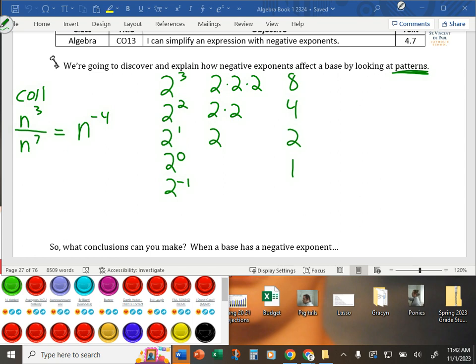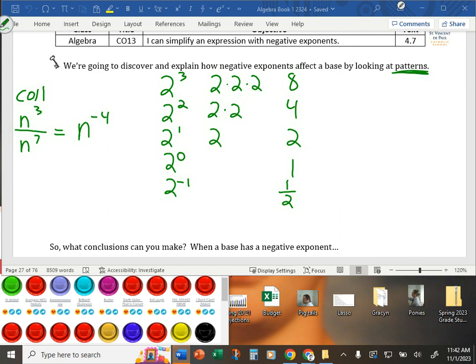Follow the pattern here. It's 0.5, or half. Half of 8 is 4. Half of 4 is 2. Half of 2 is 1. Half of 1 is 1/2.